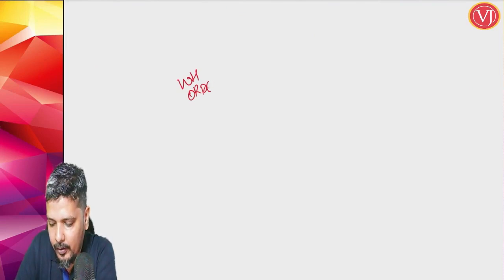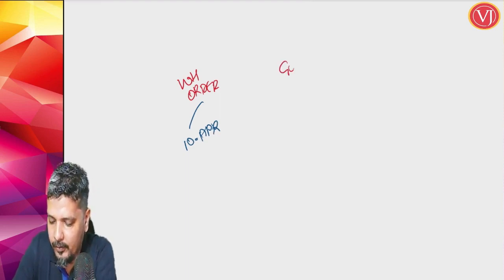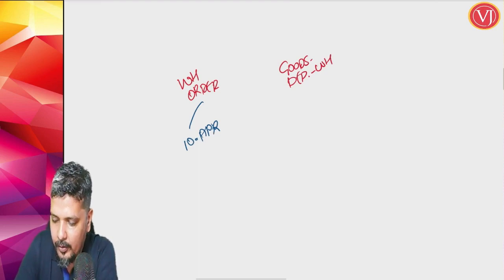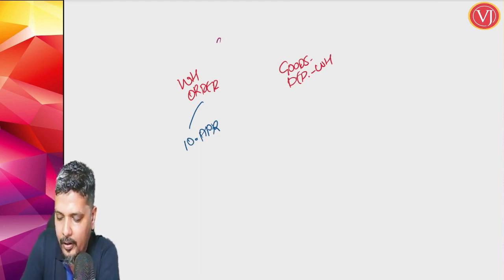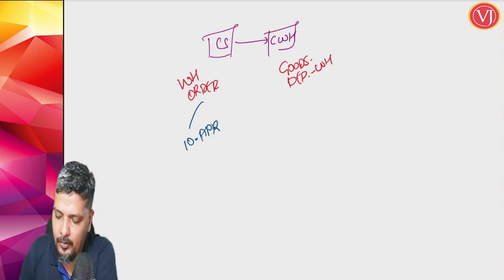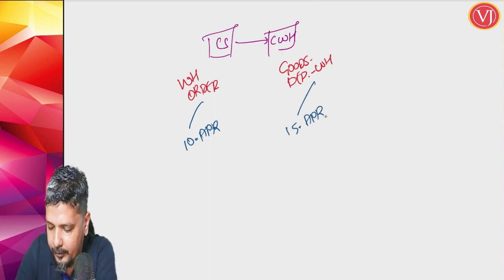Warehousing order is given on 10th of April and goods are actually deposited in warehouse. After giving the warehousing order, the goods will be taken from customs station to customs warehouse. Correct? The goods are actually deposited in warehouse on 15th April.